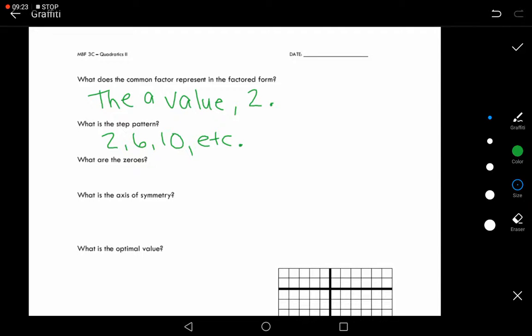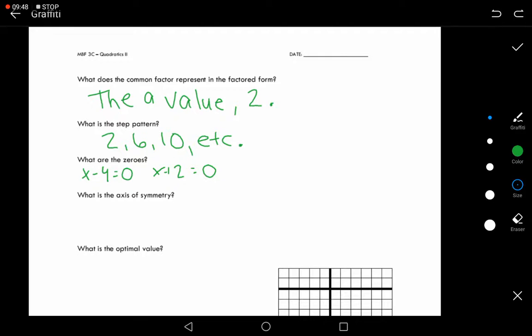Okay, now it's asking us what are the zeros? Well, again, you'll be able to kind of flip back to this. But we're looking at 2x squared minus 4x minus 16. So that was the very first thing that we factored. So we got that our factors were x minus 4. So we're going to set that equal to 0. And x plus 2 equals 0.